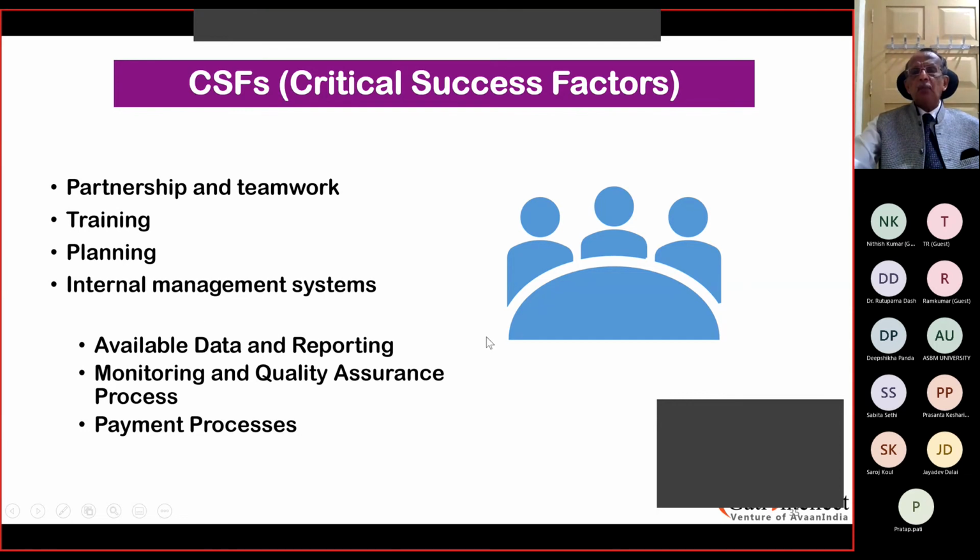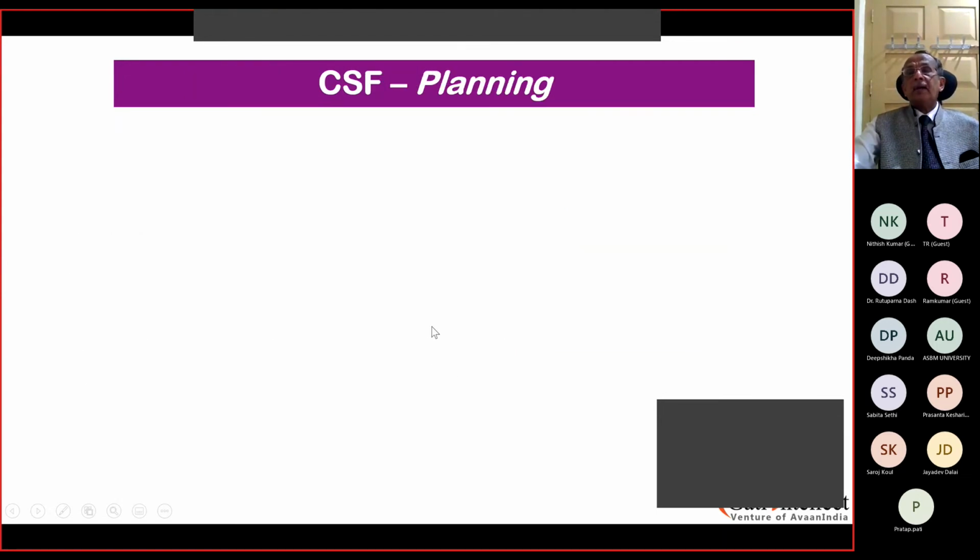If you have to deliver quality goods, you have to have the right performance. You have to have proper data analysis. And the progress and the process should be evaluated, so your quality assurance has to be carried out again on a continuous basis. Okay, now the most essential thing, please understand, is the plan.